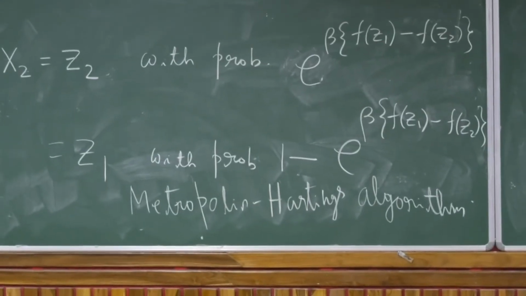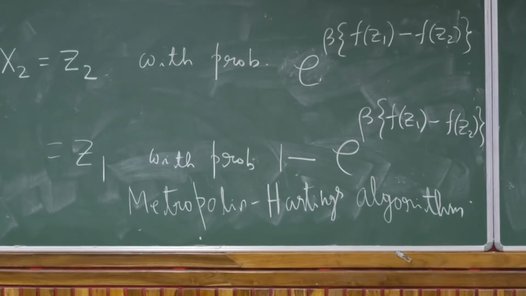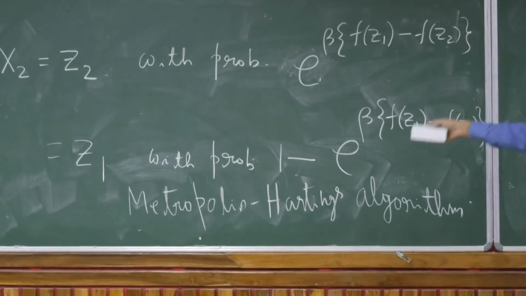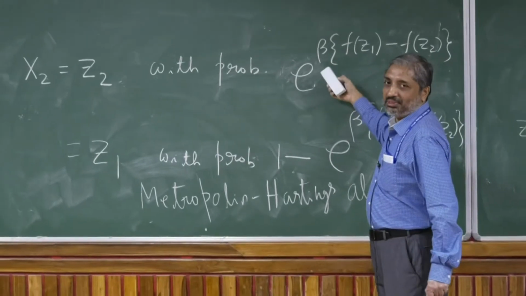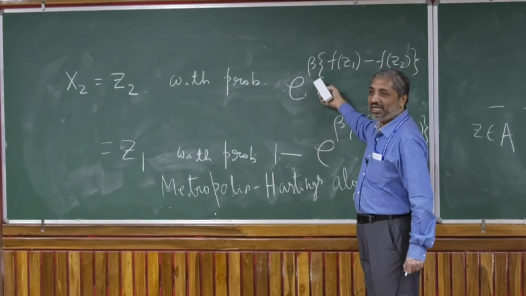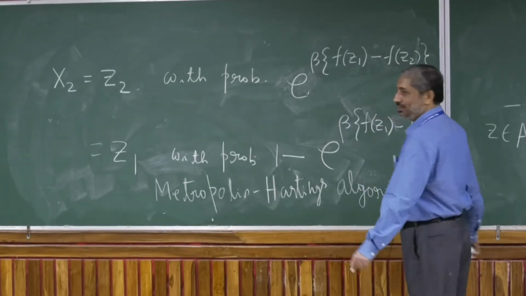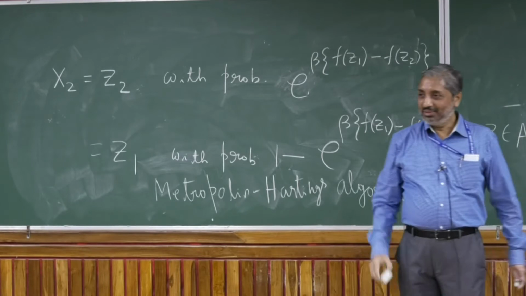So what is finally the result? So you see that this step, this is what prevents you from getting trapped in a local minima. What is the role of beta?